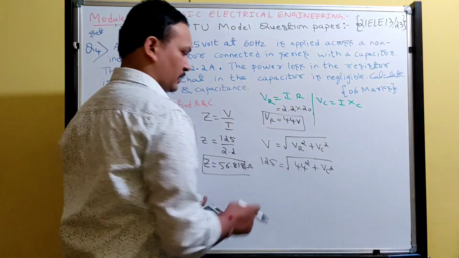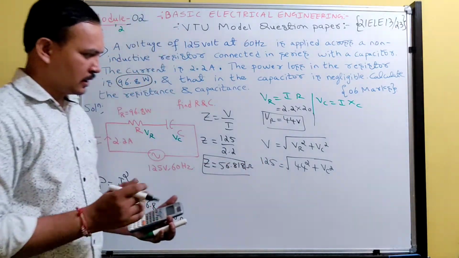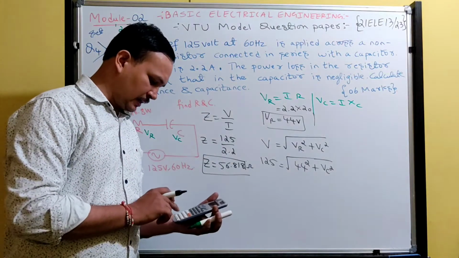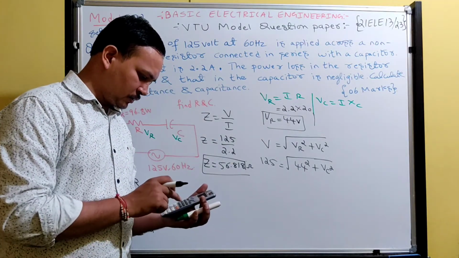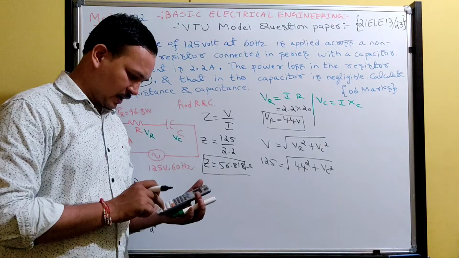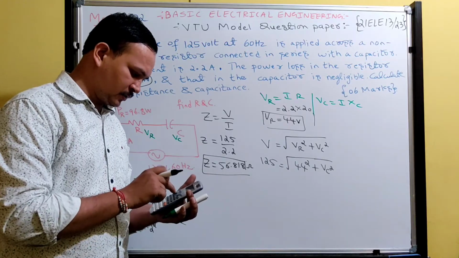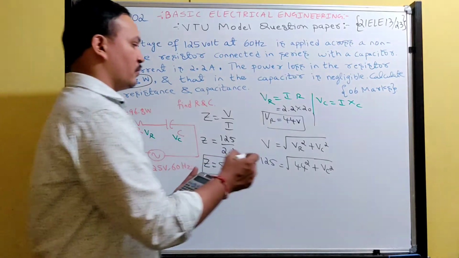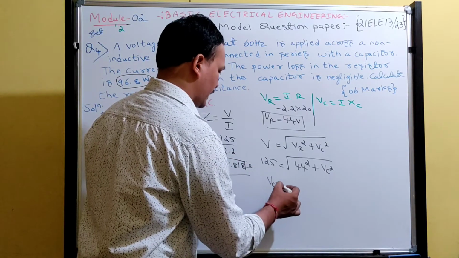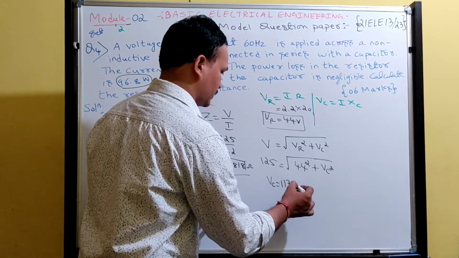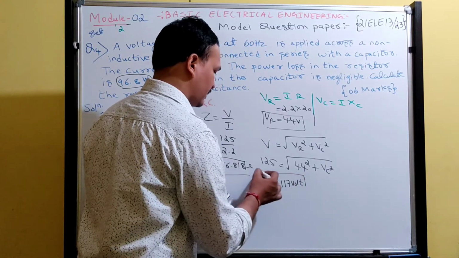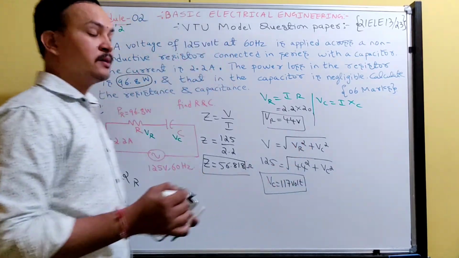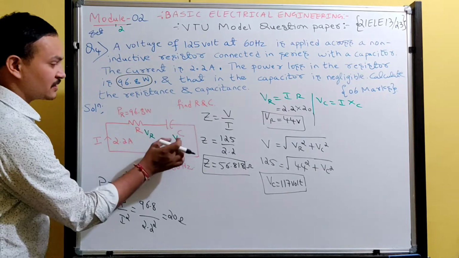You can solve this by squaring both sides, or you can directly solve it in the calculator: 125 equals the square root of 44 squared plus x squared, shift solve. I got 117 volts as the voltage across the capacitor.